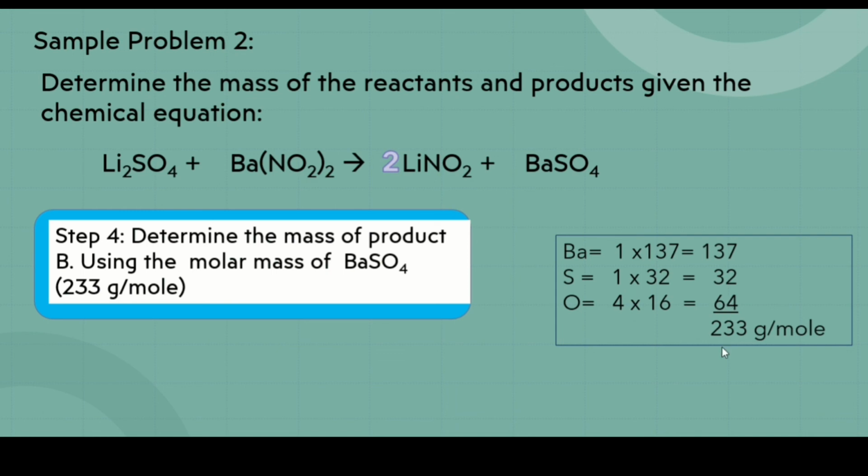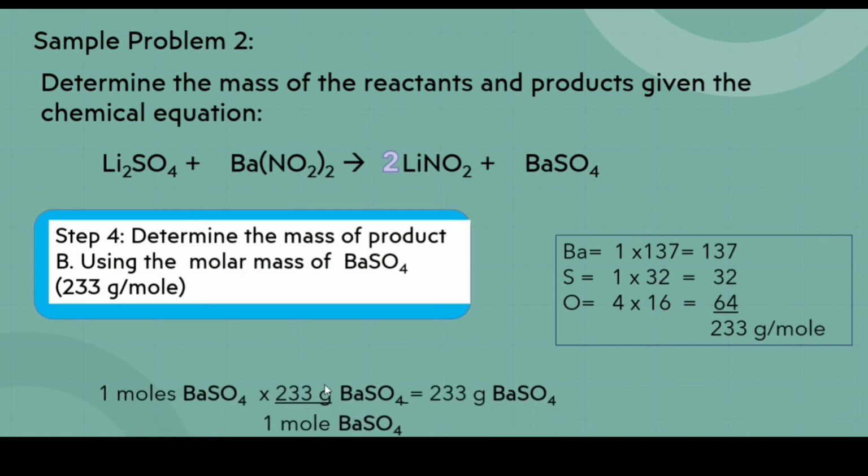So if we add it all, that will be 233 grams per mole. So now, since we already know the molar mass of barium sulfate, then we can convert the given mole, which is 1 only for barium sulfate, 1 mole of barium sulfate times 233. So the mass of product B is 233 grams.